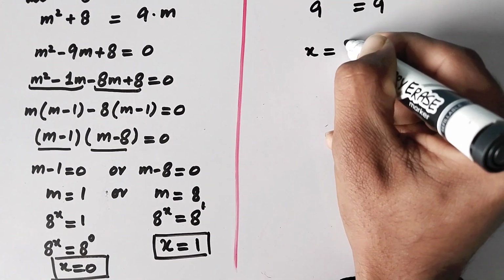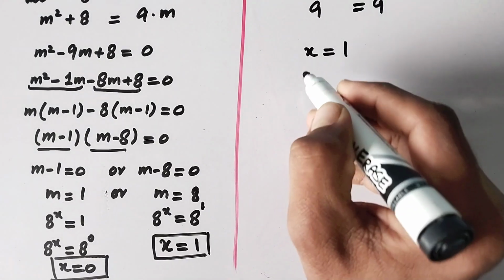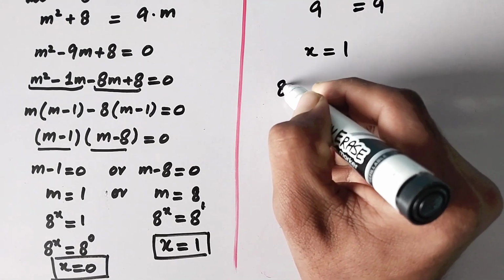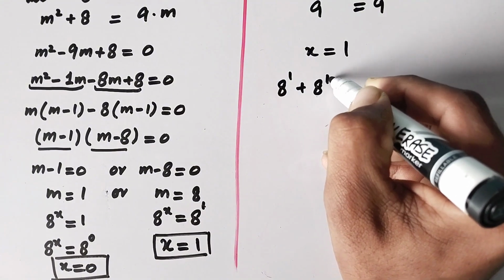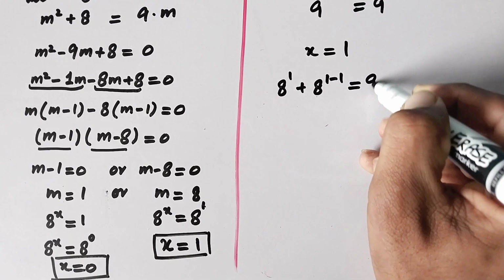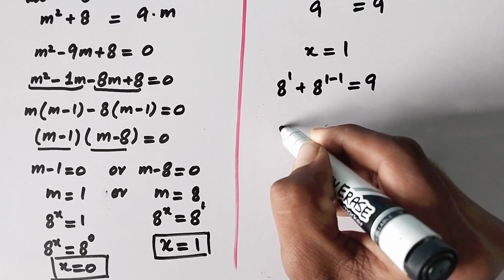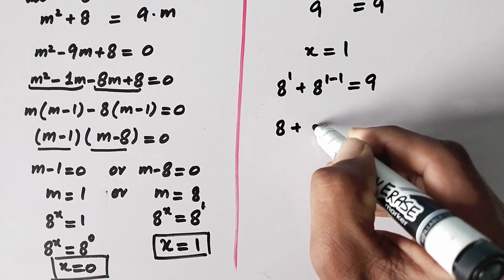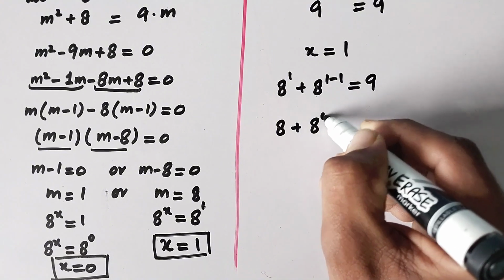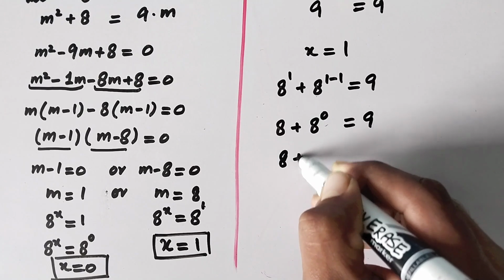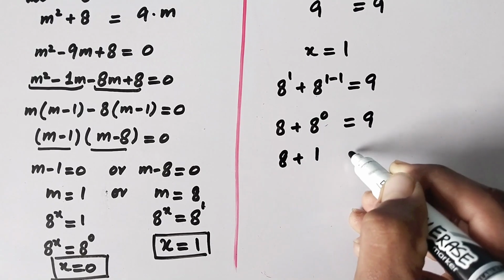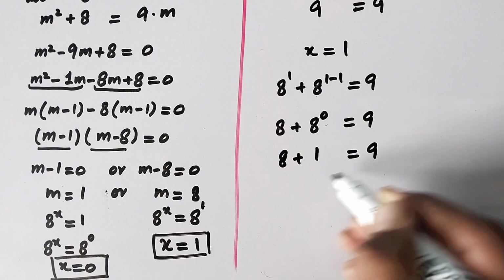And when x is equal to 1, by putting the value of x, the equation will be 8 to power 1 plus 8 to power 1 minus 1 equal to 9, or 8 to power 1 will be equal to 8, plus 8 to power 1 minus 1 will be 8 to power 0 equal to 1, equal to 9.